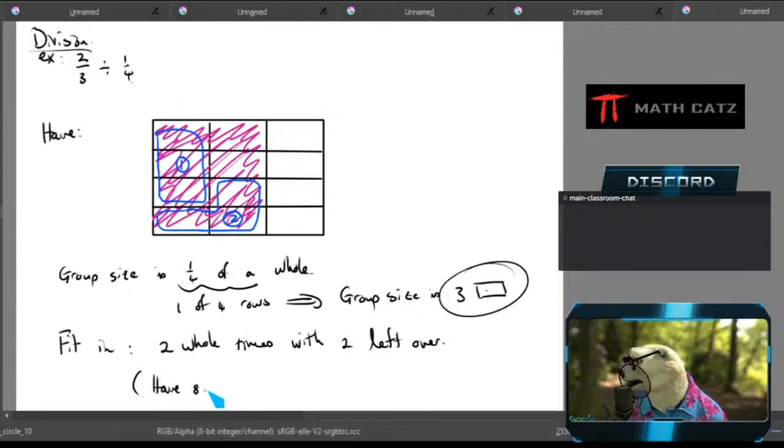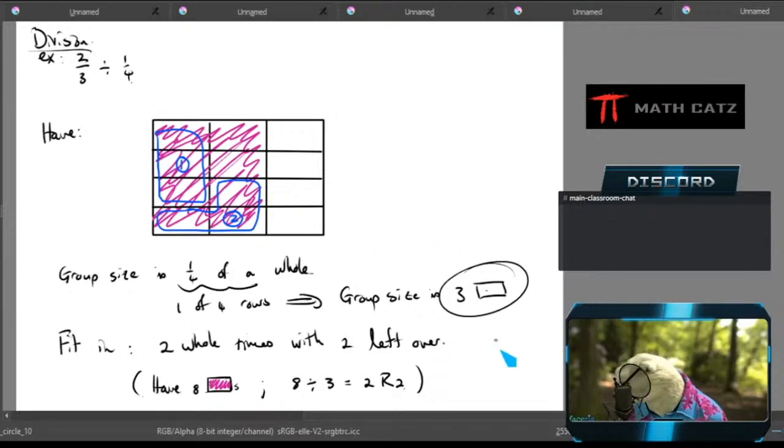Have 8 pieces here, pink. And I'm trying to fit in groups of 3. So let's maybe see the integer calculation. It's going to be 2 with a remainder of 2 as well.